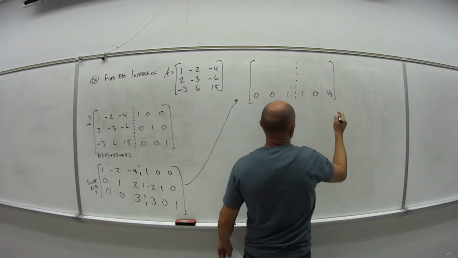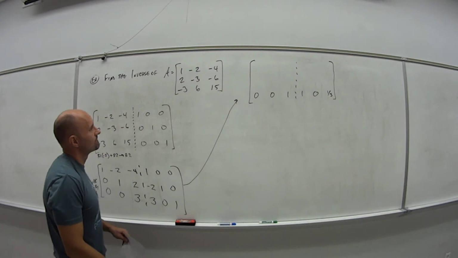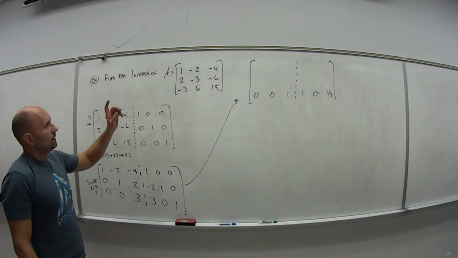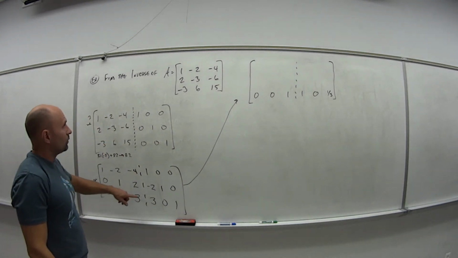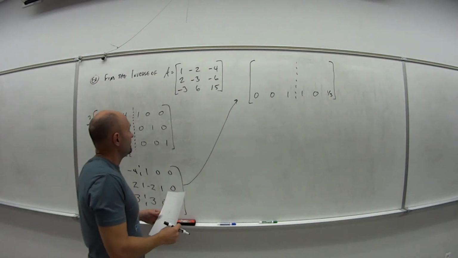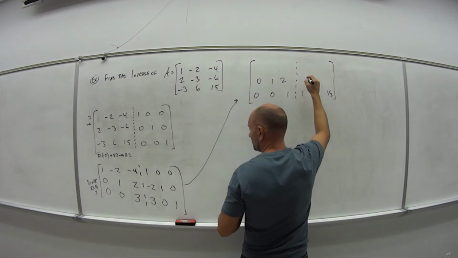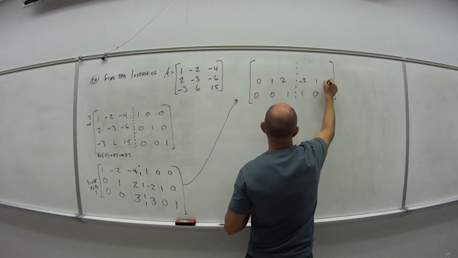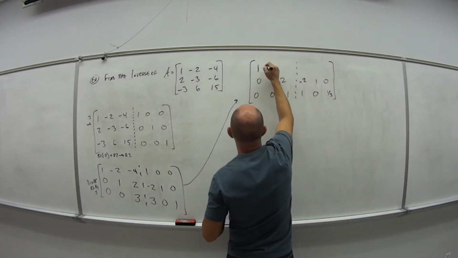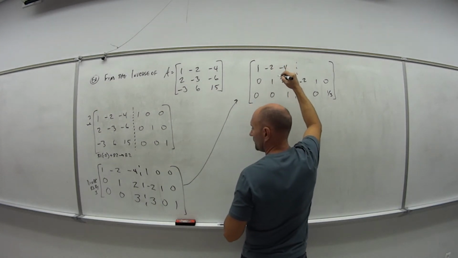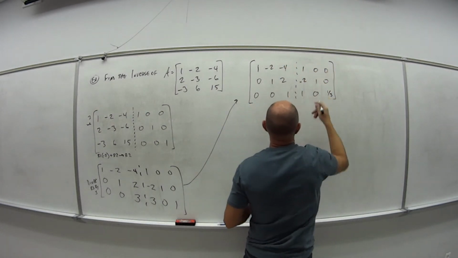I know, fractions, you'll be okay. So, with that being the case now, we'll leave the rest. So 0, 1, 2, -2, 1, 0, and 1, -2, -4, 1, 0, 0.